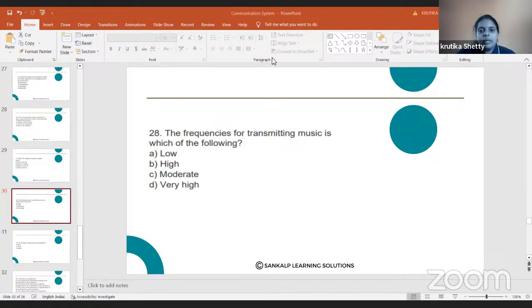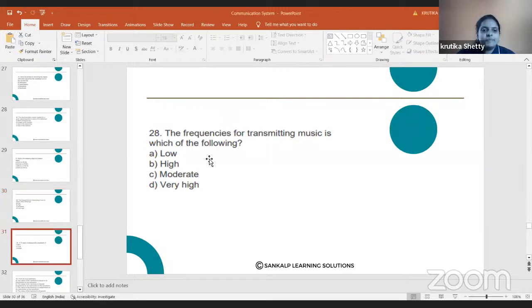When we are transmitting music, musical instruments are also there. So compared with that, slightly higher frequency is needed. Low frequency will not work. So high frequency, not very high, just high frequency. Option B is correct here.